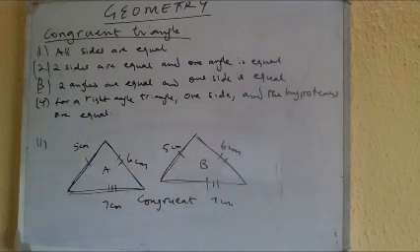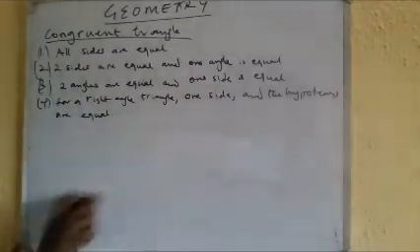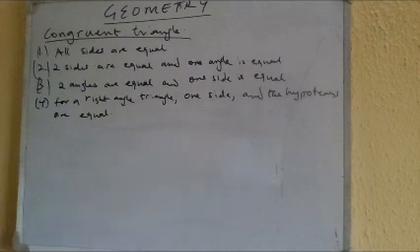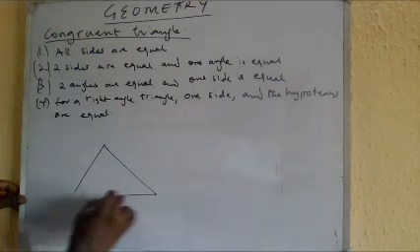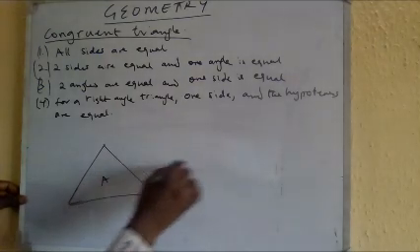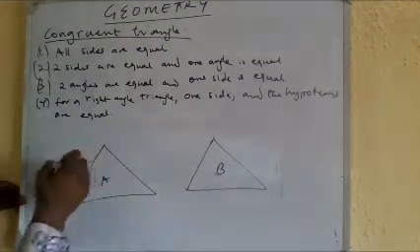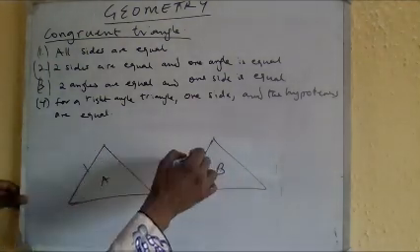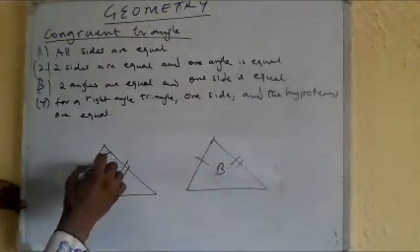Now, the second condition: if two sides are equal and one angle is also equal. So I draw triangle A here again, and this triangle B. If I have two sides, this one and this one, this one and this one, then this angle is θ1, here too is θ1.